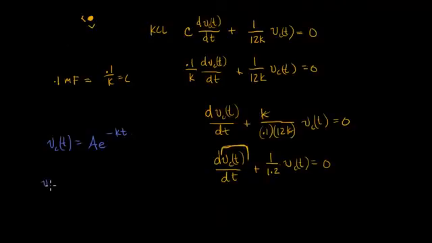So VC of t equals 4.5 e, and k is the constant we got in front of our term here, so we'll rewrite this as negative t over 1.2. And that's the solution to that problem.